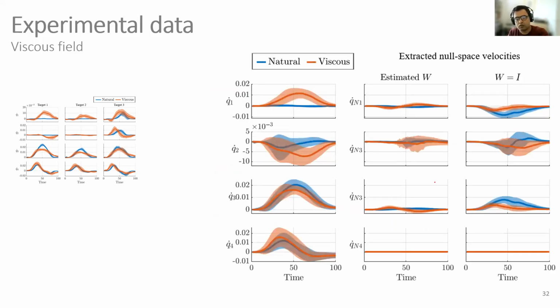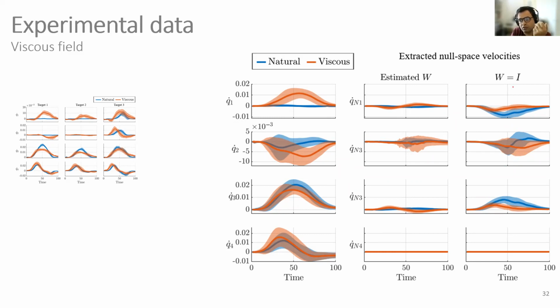And when we have the W's, we can also look at the null space velocities. We see that when we estimate the W's, there's actually not so much difference in what the subjects were doing in their null space. If we rely on just W equal one, and then look at the null space velocity, we start to see this kind of effect, which might mislead us to think that the humans were not changing their inverse kinematic strategy, but were just trying to do something different in their null space.